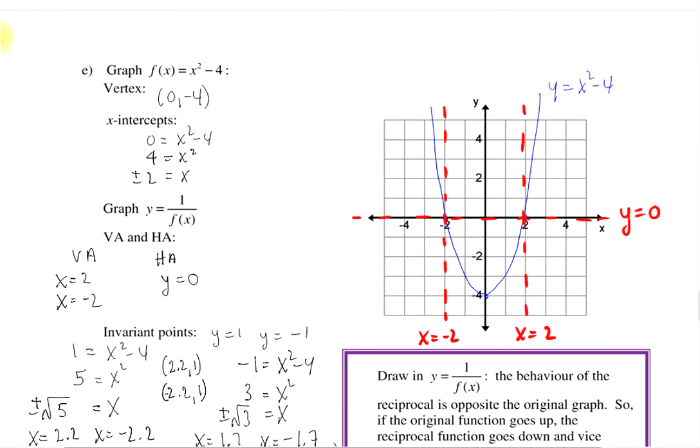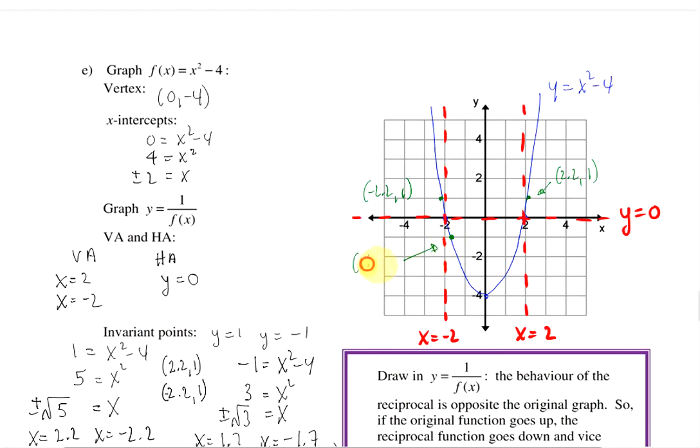All right, now our invariant points. We have one at 2.2 and 1, which is approximately here, and the other one is at negative 2.2 and positive 1, which is around there. Okay, so this is 2.2 and 1, negative 2.2 and 1. Our other invariant point is when y is negative 1 and x is 1.7, so that's around here.